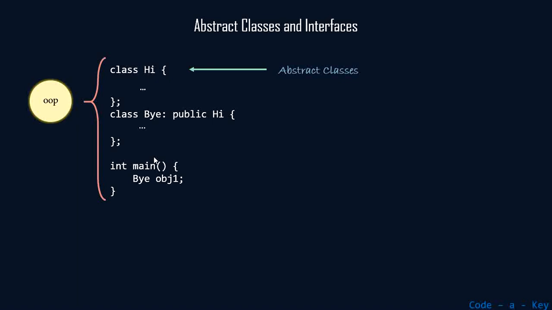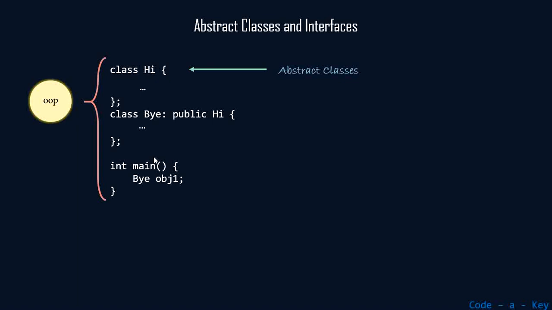So such classes are known as abstract classes in inheritance. Whenever the base class is just used to provide the framework of the inherited classes, then that particular class is called an abstract class.